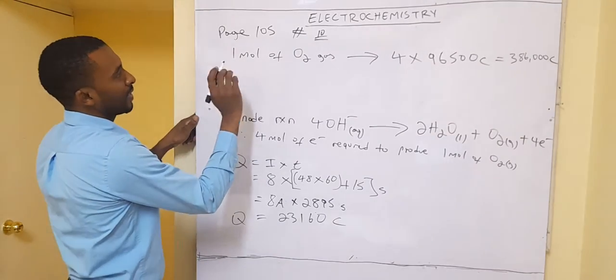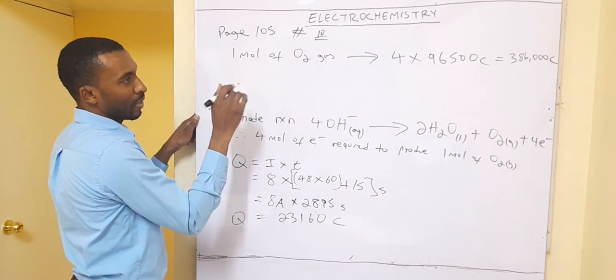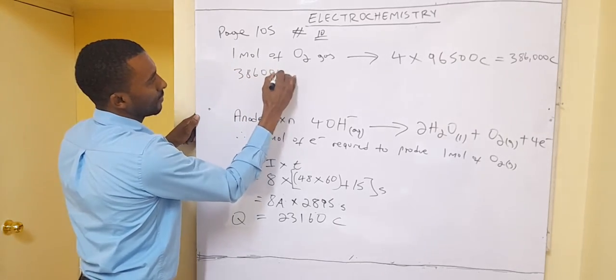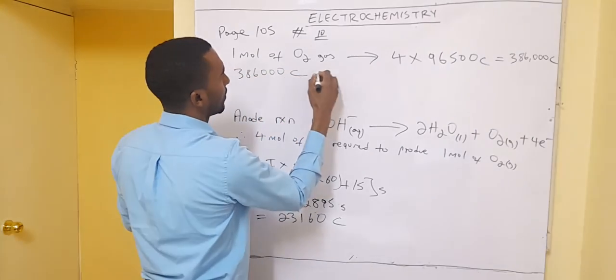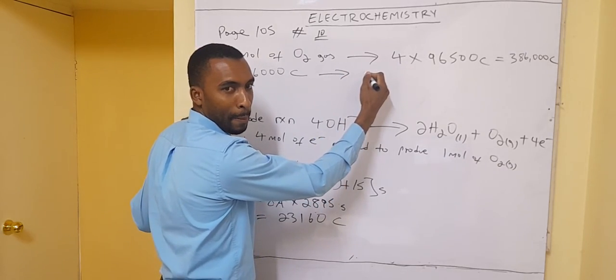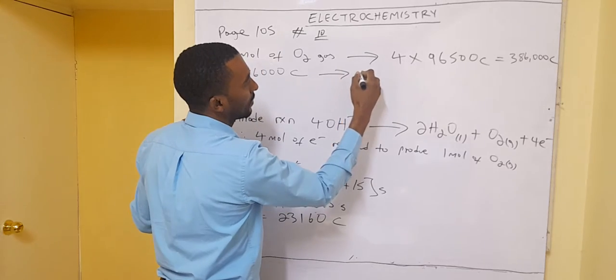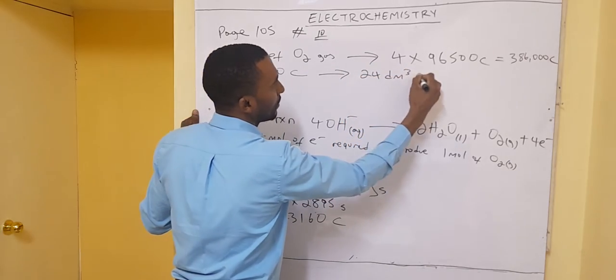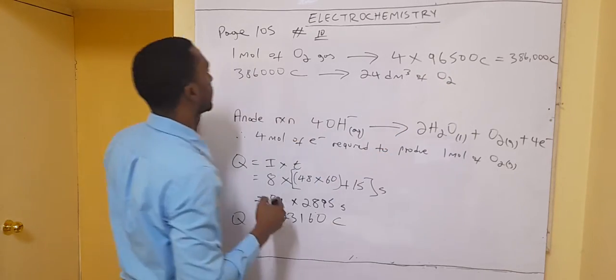Good. Alright, so we can say here, based on mole concept principle, that 386,000 coulombs would produce, at RTP or STP, what's it again? RTP. So it would be 24 dm cube of oxygen.